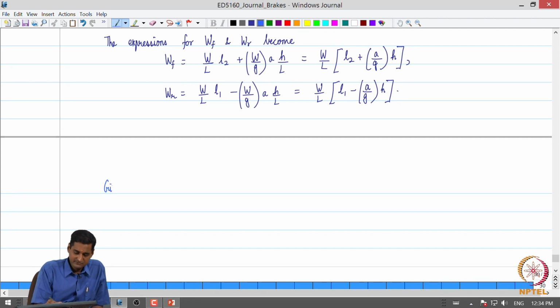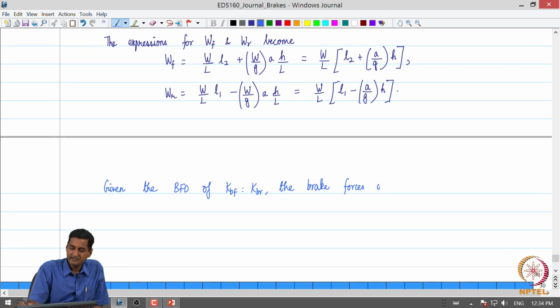Now, given the brake force distribution, KBF to KBR, the brake forces on the front and rear wheels are the following.